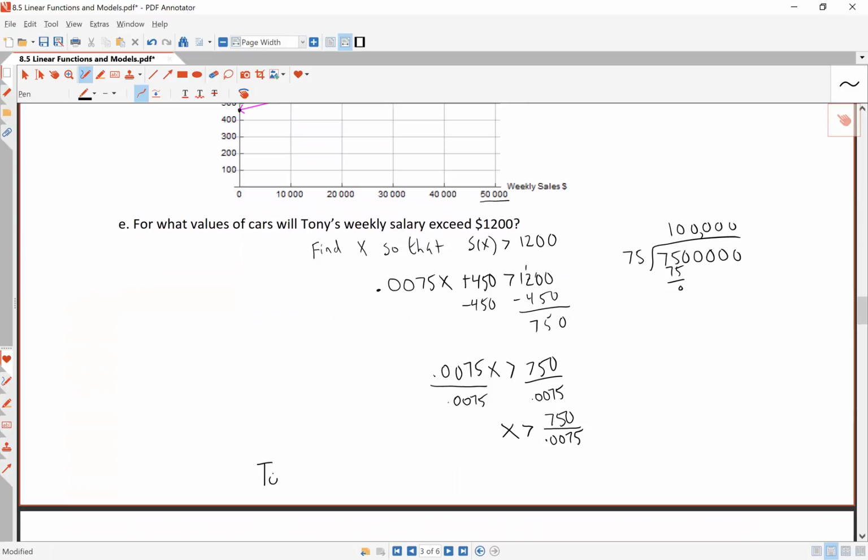So Tony needs to sell more than $100,000 worth of cars a week to make more than $1,200.